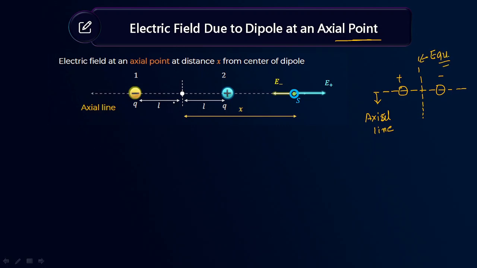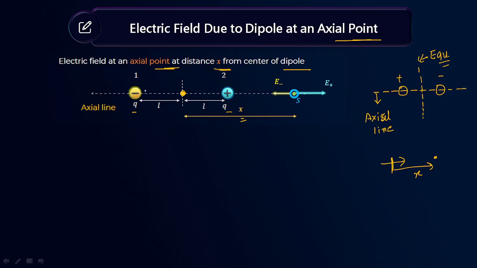Okay. So we want to find electric field at an axial point at a distance x from the center of the dipole. So this is the center of the dipole. We have considered one positive charge, one negative charge. Whenever we say there is x distance from the dipole, we take x distance from the center, and at this point we want to find the field, right?